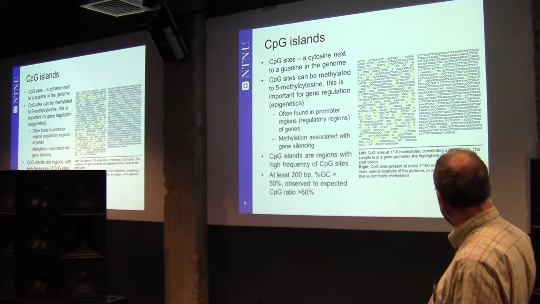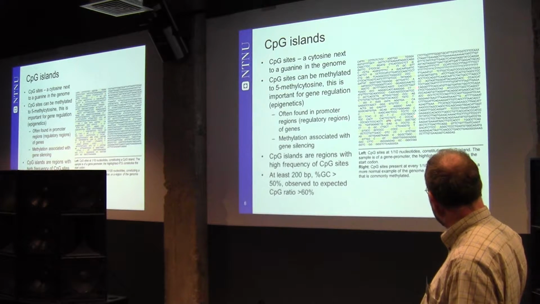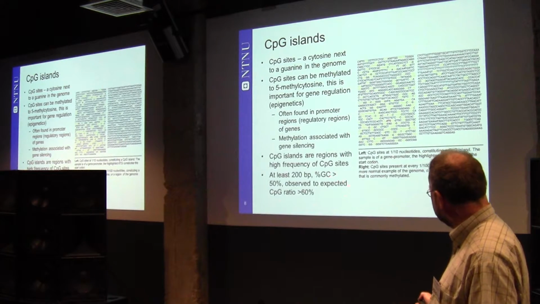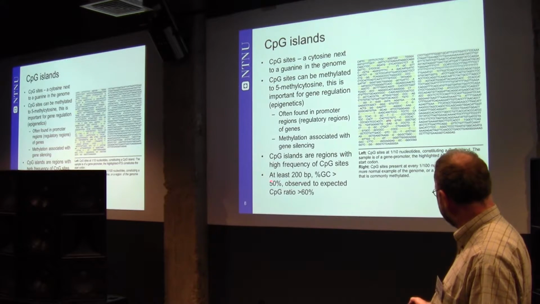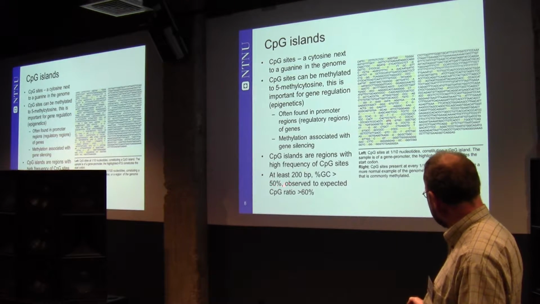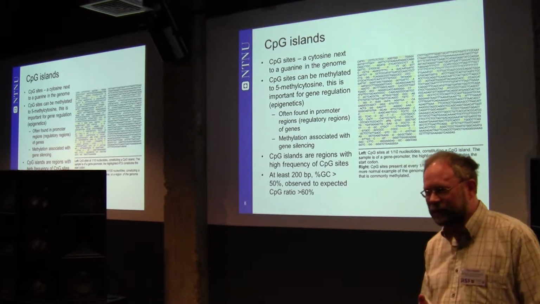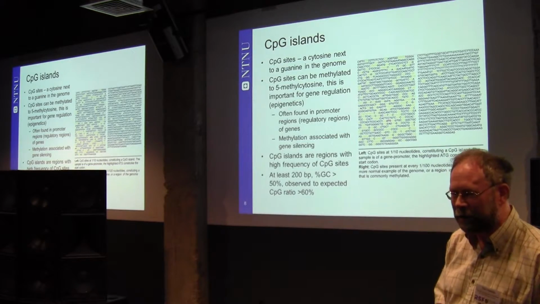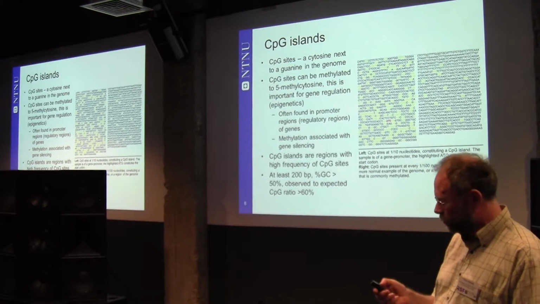But basically, it's a part of the genome that has a very high density of CpGs. For example, this definition here is 200 base pairs. The percentage of GC should be about 50%, and the observed/expected CpG ratio should be about 60%. Then it's defined as a CpG island. And this is annotated, for example, in the UCSC genome browser as a separate track that you can use to visualize.